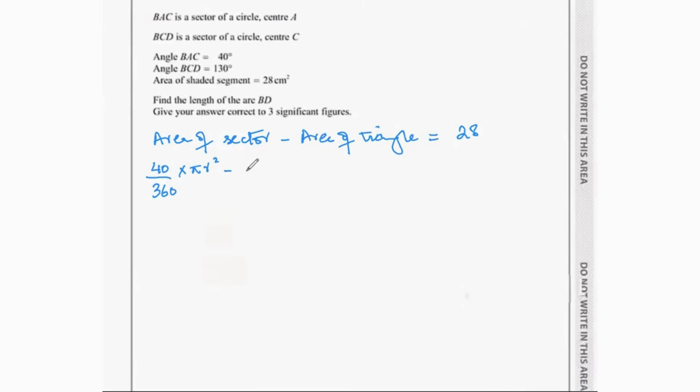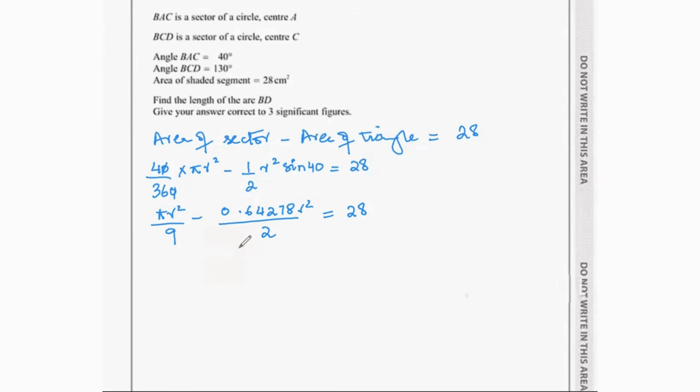And area of triangle, which is 1 over 2, again r square, times sine of 40. So this gets cancelled out. This is pi r square over 9 minus sine 40, which has the value of 0.64278, r square over 2 equals 28.